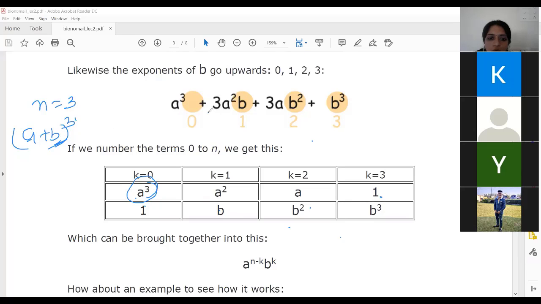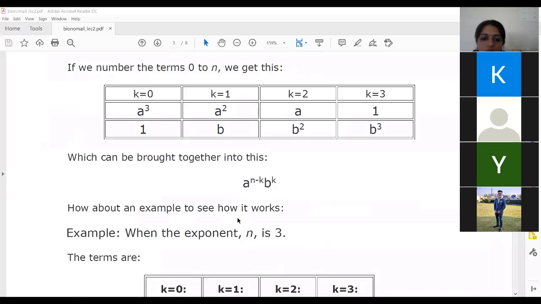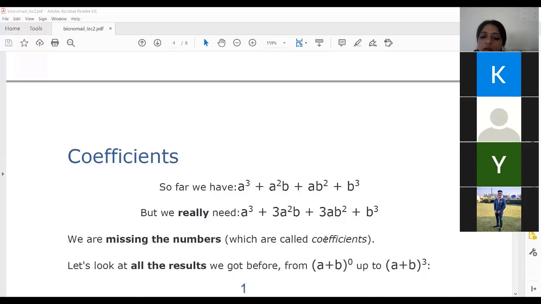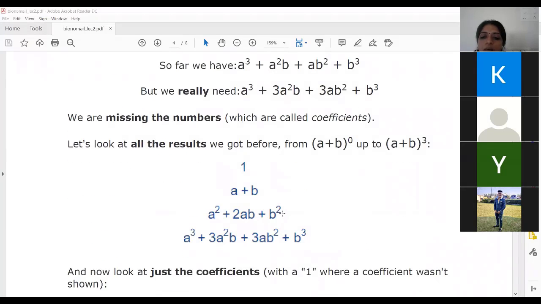But what about the coefficients? How do we find the coefficients? For the coefficients, we use Pascal's triangle. See, this one is a plus b whole raised to 0.